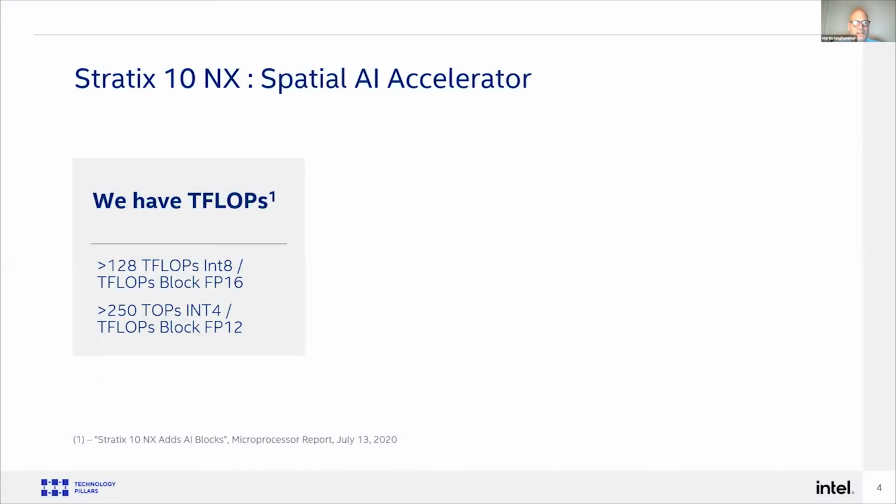So the NX has a lot of teraflops. These have been reported before. We're going to be announcing exact speed grades and different performance levels shortly. There's no real benchmark for spatiality, so we just wanted to put out these teraflop numbers so people can see that these are the same number of teraflops you're going to find on GPUs of the same process node or other AI accelerators being introduced into the market.